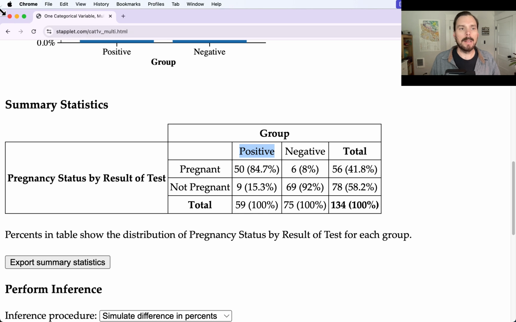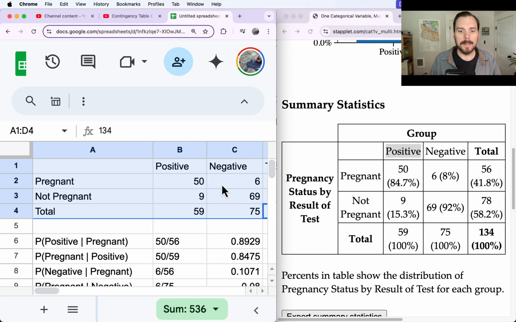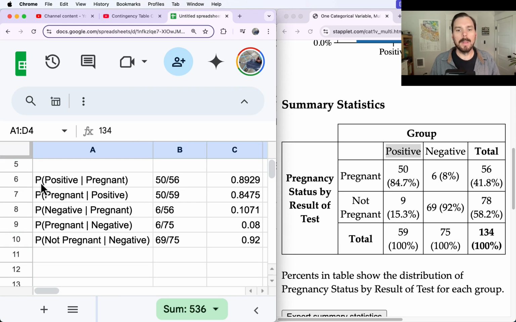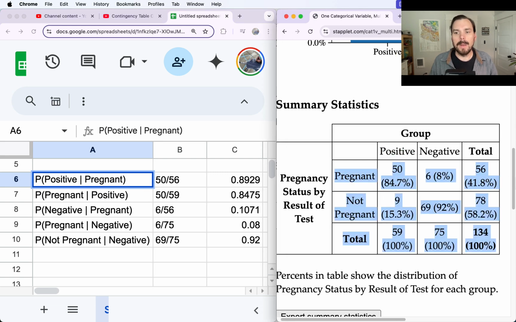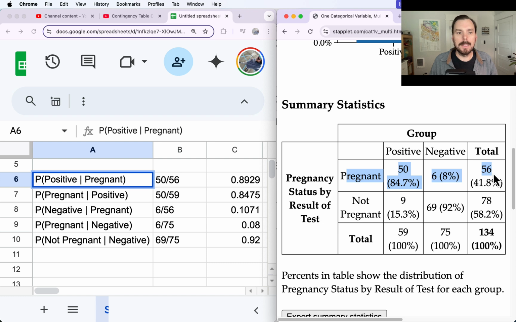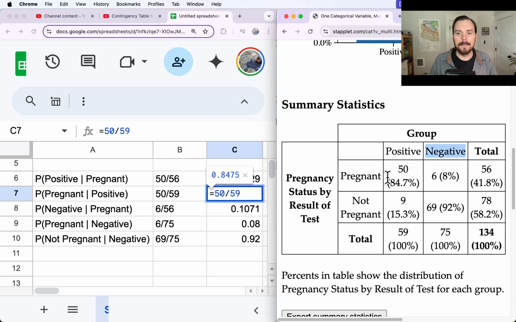Now let's check the answers that we had in Google Sheets. There's our probabilities. So the probability of a person being positive given they're pregnant, I don't have that one because I don't have marginal probabilities to the left and right. The only one I could do is the ones that have a conditional given that they're positive or given that they're negative. So I could check this one. That 84.75% is right below that 50.